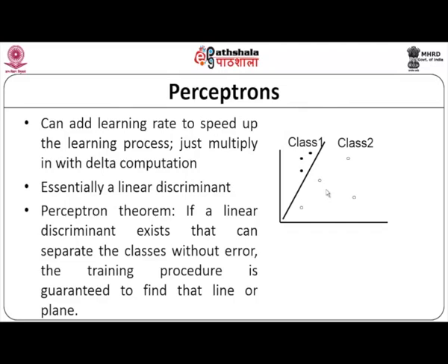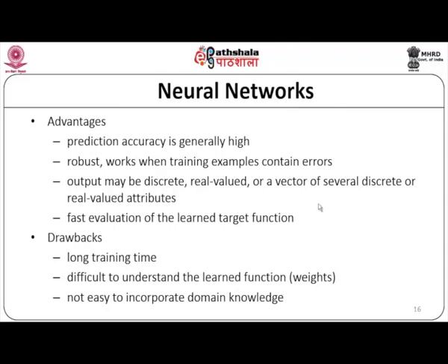So, whenever you have a classification problem which is going to be linear in nature, the neural network will be the best solution for such scenarios. What are the advantages of neural networks? Neural networks' prediction accuracy is generally high, and it is robust with respect to errors, as I have already mentioned. Outputs can be discrete, real valued, and sometimes even vectors.